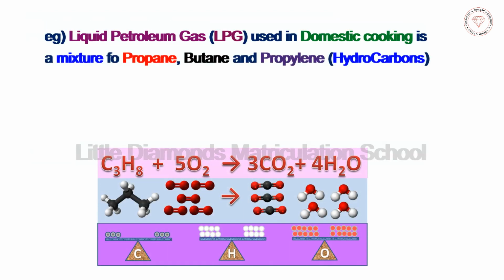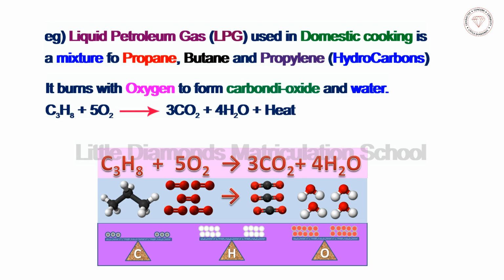Example, liquid petroleum gas, LPG, used in domestic cooking is a mixture of the hydrocarbons propane, butane and propylene. It burns with oxygen to form carbon dioxide and water. C3H8 propane plus oxygen gives carbon dioxide CO2 plus water and heat.